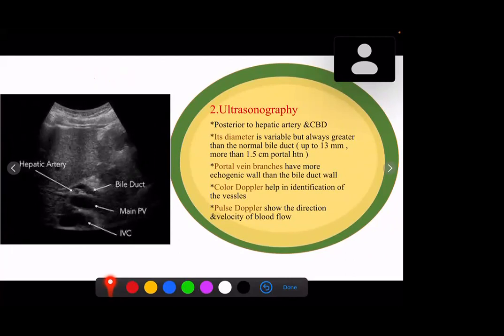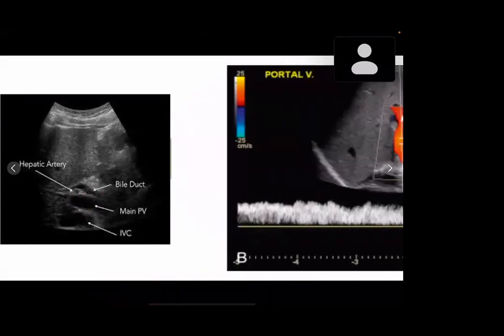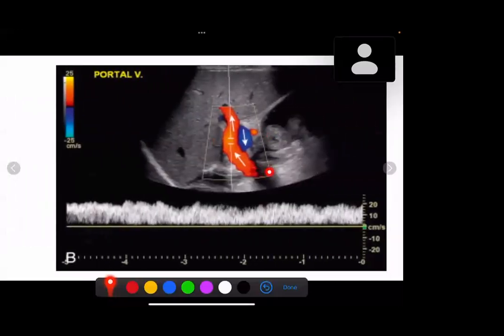Color Doppler helps to identify the vessels, while pulse Doppler shows the direction and the velocity of the blood flow. As we see, this is the portal vein, the hepatic artery, and the bile duct. This is a pulse Doppler showing that the blood flow is toward the liver. It is hepatopetal, toward the liver.